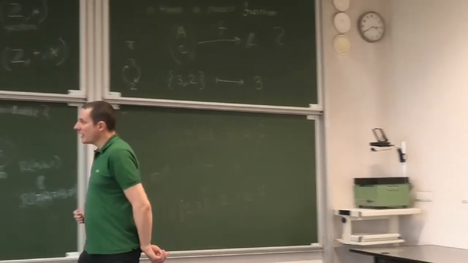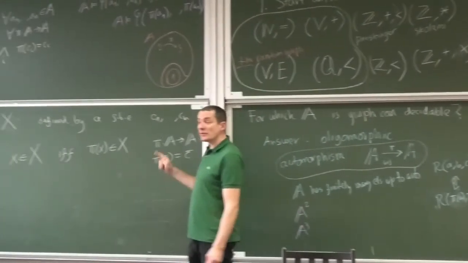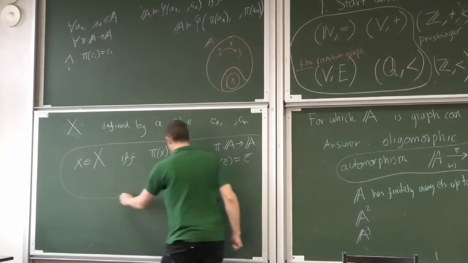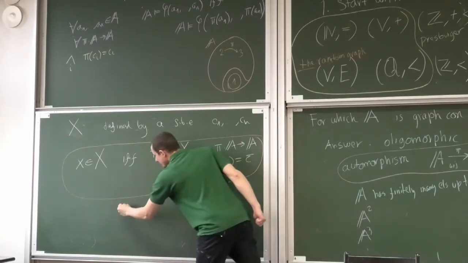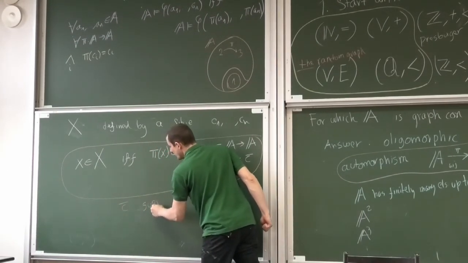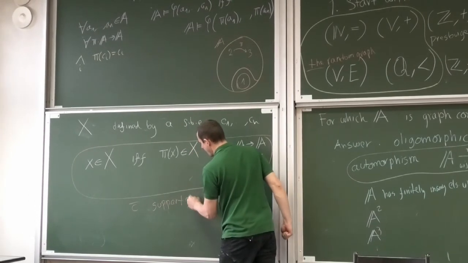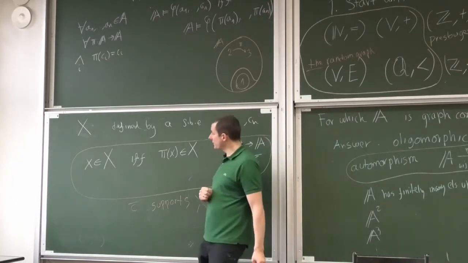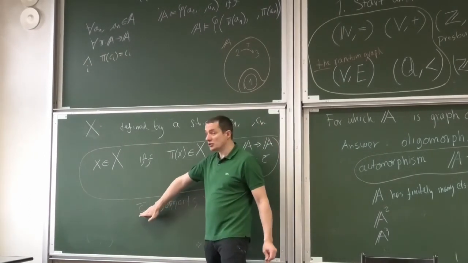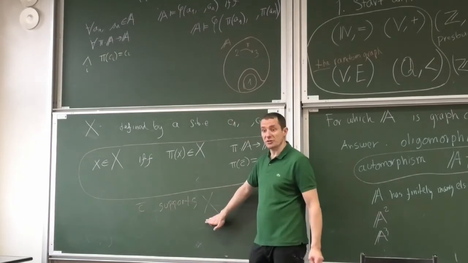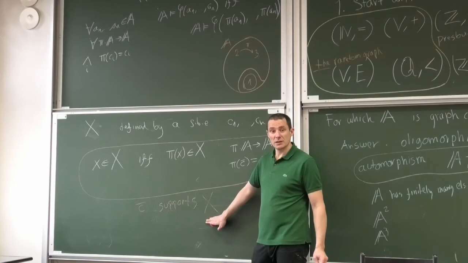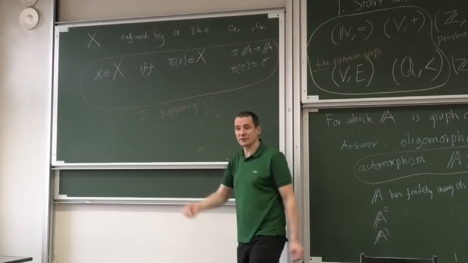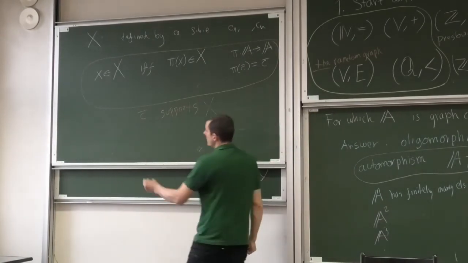So this is a principle, and there's even a name for this. This thing here is called C supports X. So C supports big X means that if I take an automorphism which doesn't touch this, then it doesn't touch this. Okay, so let's write this out. It's going to be an equivalent statement, but it might be a little bit more clear why it's called that.